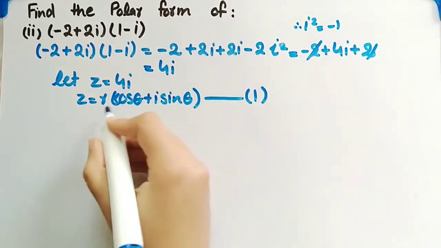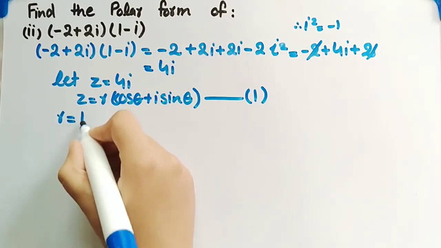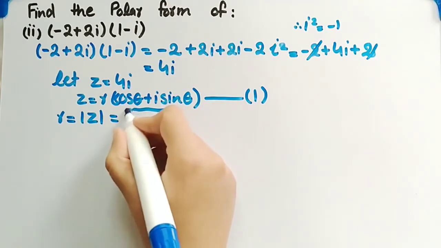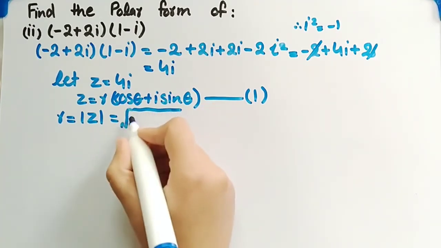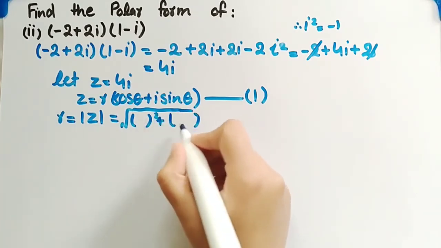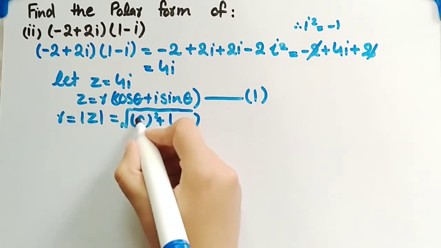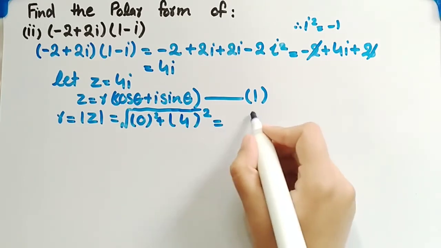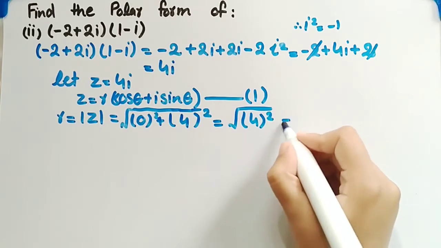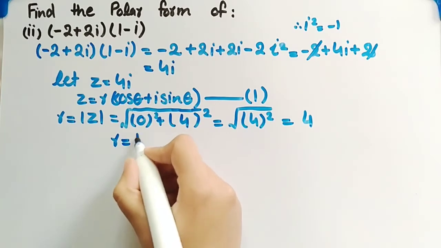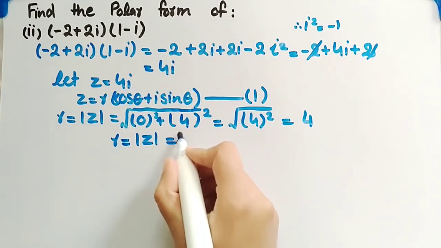Firstly, we will find the value of r, which is equal to mod of z, which is equal to the square root of the square of the real part plus the square of the imaginary part of the complex number. Here the real part is equal to 0 and imaginary part is equal to 4, so it is equal to the square root of 4 square, which is equal to 4. So the value of r, which is the modulus of z, is equal to 4.